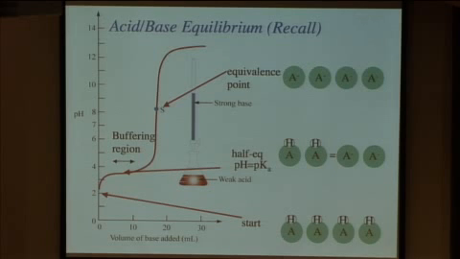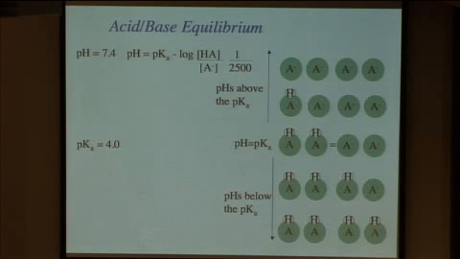where you have equal number of moles of molecules that are protonated as deprotonated. Another way to think about this whole thing is that in the beginning, at pHs that are lower than the pKa, you have more protonated molecules, and at pHs much above the pKa, you have more deprotonated molecules. So let's think about the last question that I asked, where you have a pKa of 4.